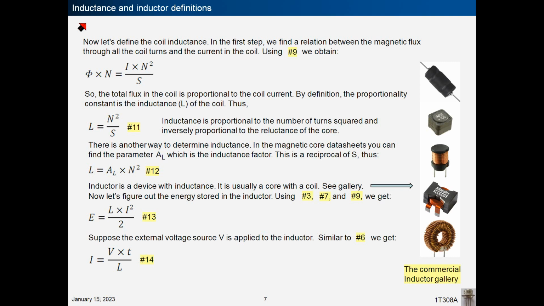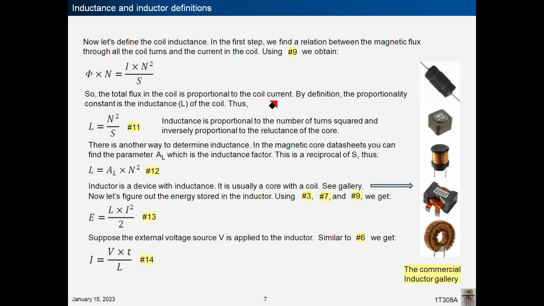Inductance and inductor definitions. Now, let's define the coil inductance. In the first step, we find a relation between the magnetic flux through all the coil turns and the coil current. Using equation 9, we multiply both sides by N. So, the total flux in the coil is proportional to the coil current.